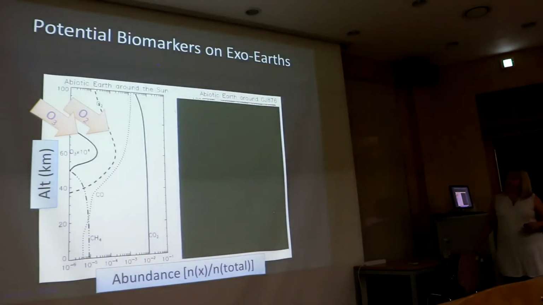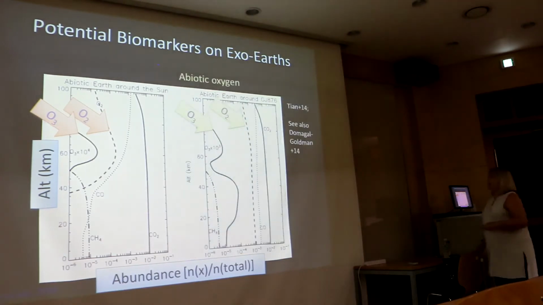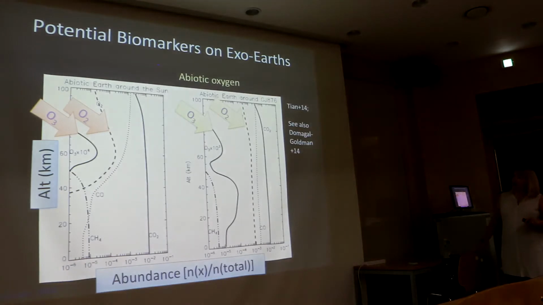And what he found is that if you have the Earth around the sun with no life, and this is again the atmosphere of the planet in height, and this is the abundance of different species, this is ozone and O2. Around a cool star, you will get much more O3 and O2 than you will get around the sun in the absence of life.